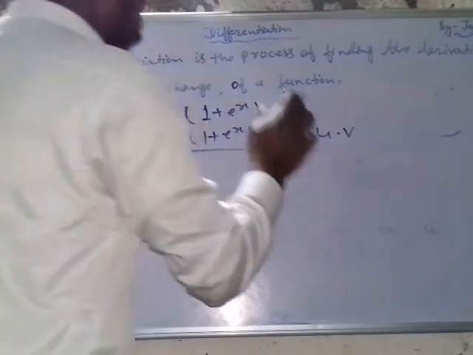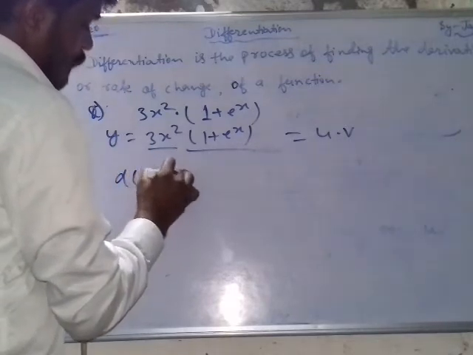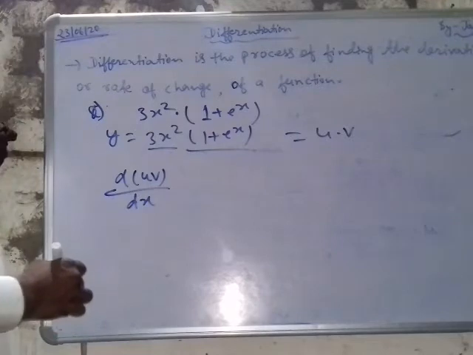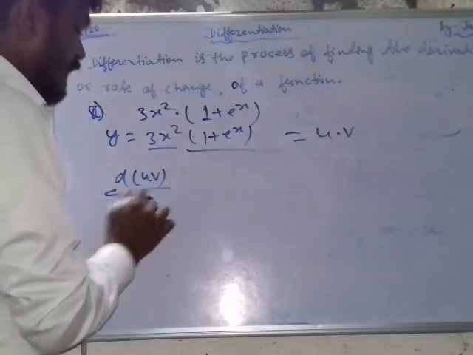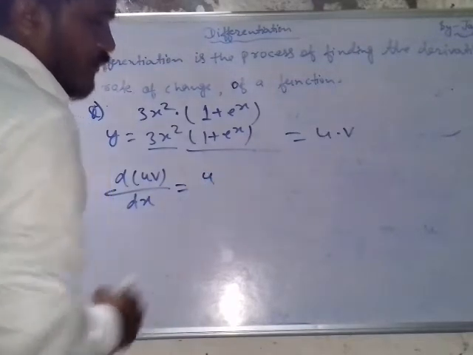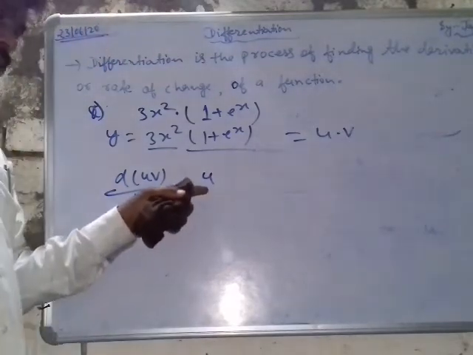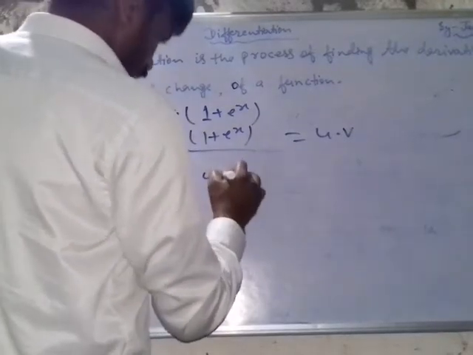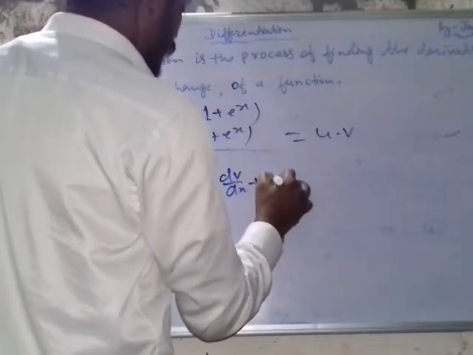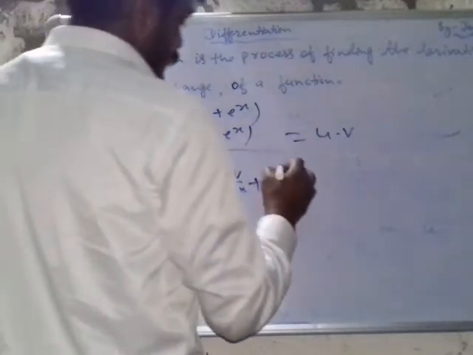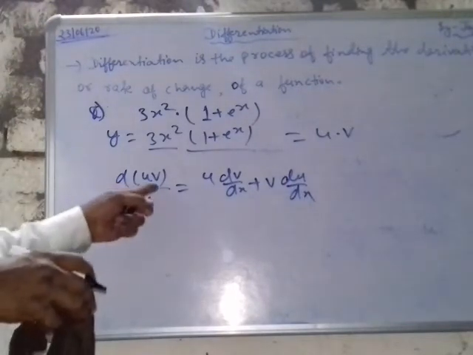The formula is d u v by dx equals u into dv by dx plus v into du by dx, where we differentiate v keeping u constant, and then differentiate u keeping v constant.